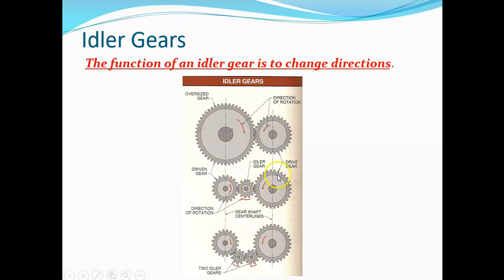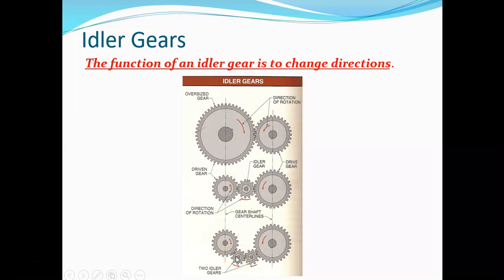So here we've got counterclockwise meshed in with the idler gear that's going clockwise, meshed into another gear, making it go counterclockwise. So your output gear is going in the same direction as your input gear. Now this is to show illustration. There's no logical application to ever mesh two idler gears together.